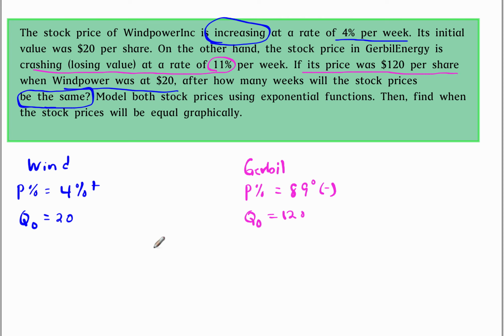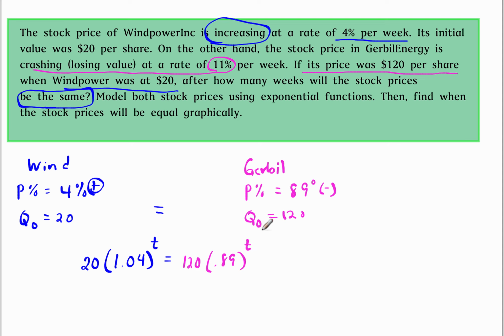So when they say be the same, I want to set up two equations and set them equal to each other. Well, since this is exponential, we know that the wind, initial cost of $20, growing, so that means 1, I get all my money back, and I get 4% more to some power, is going to equal our friend the gerbils that started off at $120, but they were decreasing, losing 89% per year.